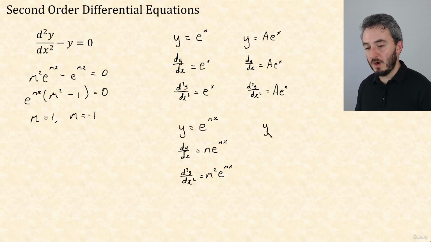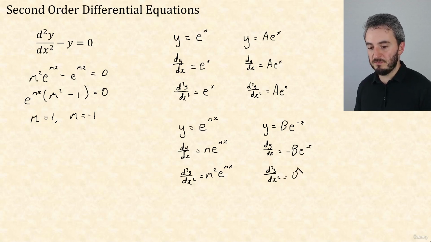In fact, y equals any number, let's call it b, times e to the minus x also works, because look, dy by dx is minus b e to the minus x, and d2y by dx squared is back to positive b e to the minus x. And so, yeah, d2y by dx squared minus y is 0.